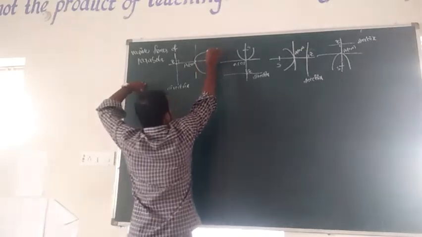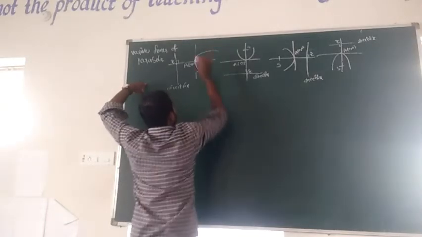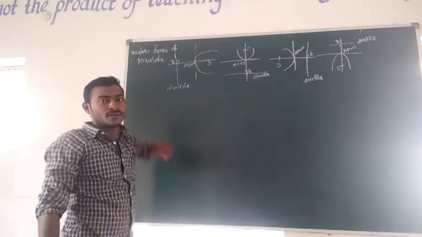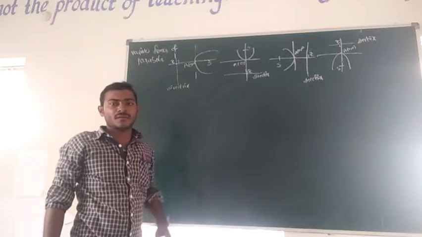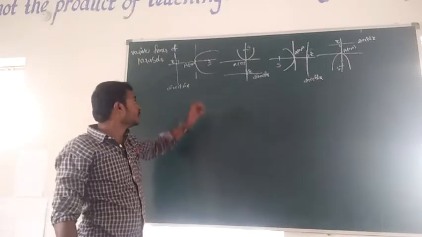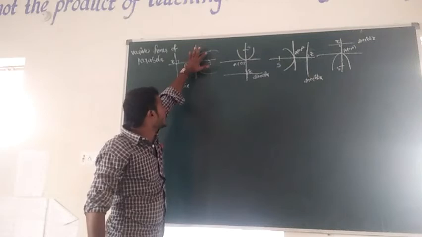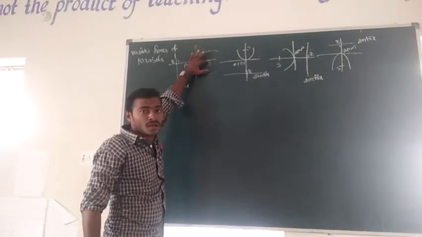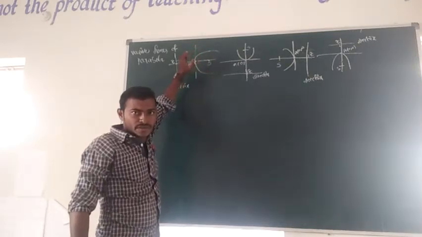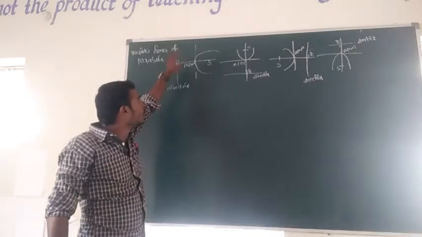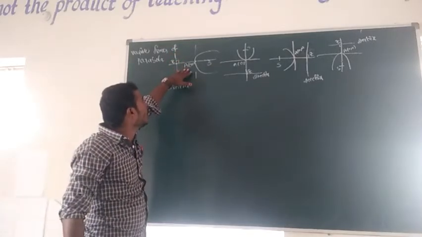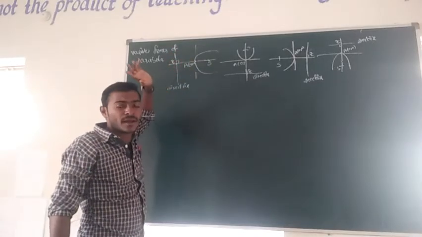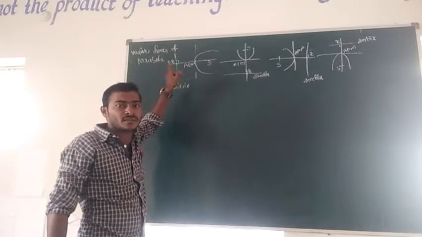Now I am telling the definition of the latus rectum. The latus rectum is the line passing through the focus and parallel to the directrix, that is, perpendicular to the axis of the curve.